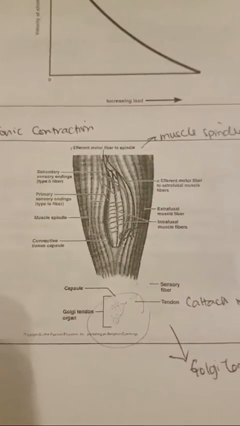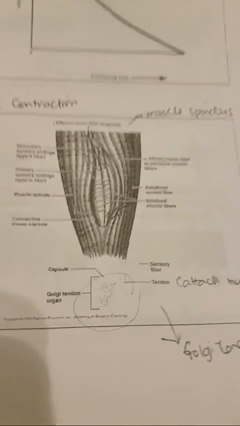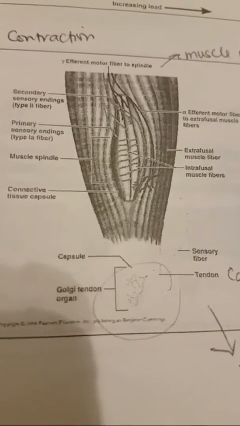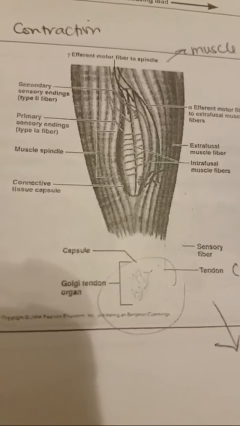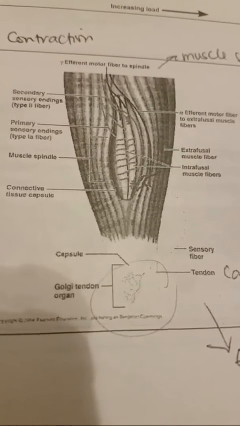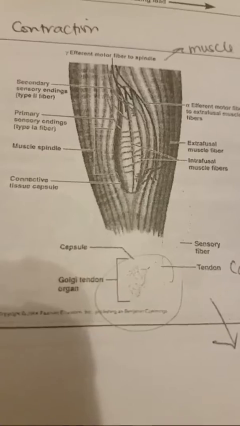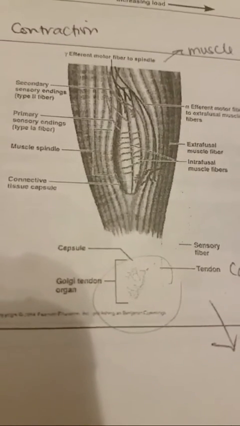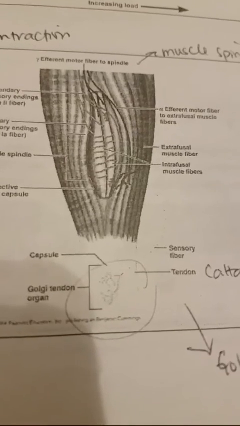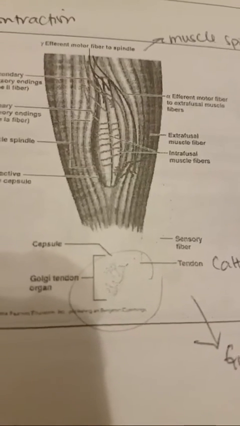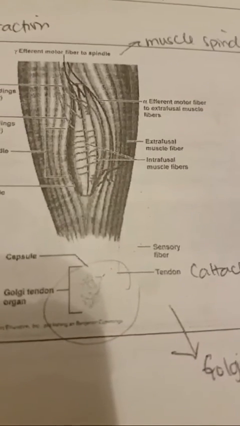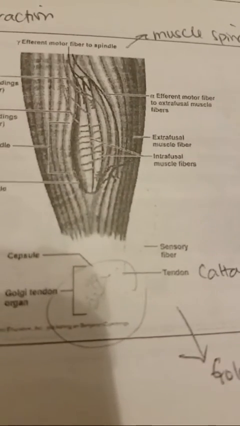So tonic contraction, this is the muscle spindles. Efferent motor fiber to spindle, secondary sensory endings, primary sensory endings, muscle spindle, connective tissue capsule, extrafusal muscle fiber, intrafusal muscle fibers, efferent motor fiber to extrafusal muscle fibers.